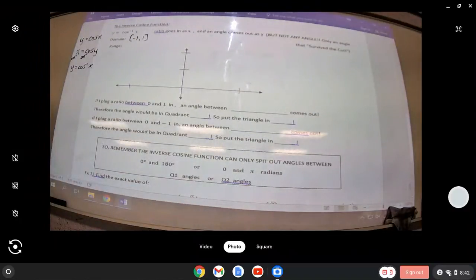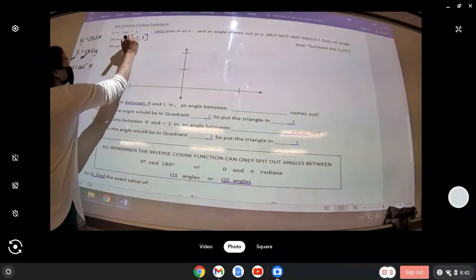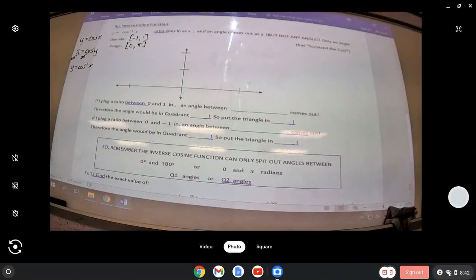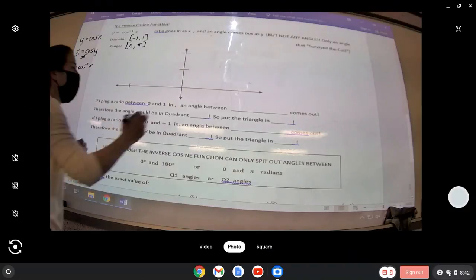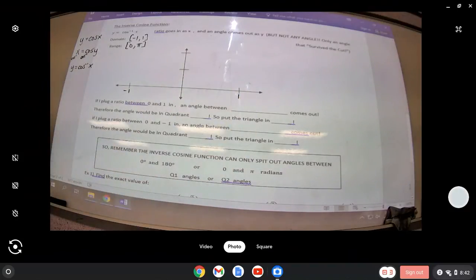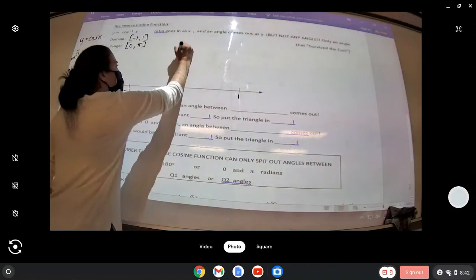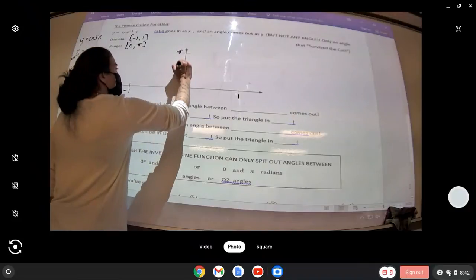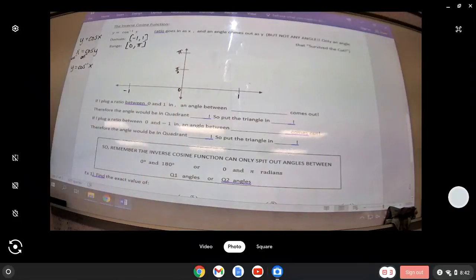And only angles between 0 and pi survived the cut of its graph. So it's only going to be able to spit out an angle between 0 and pi. All right, so a ratio between 1 and -1 can go in, and an angle between 0 and pi can come out, which means right smack in the middle, pi over 2 survived.